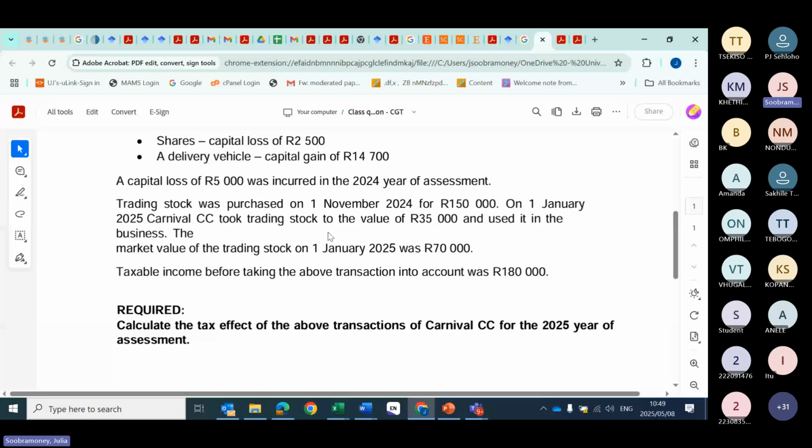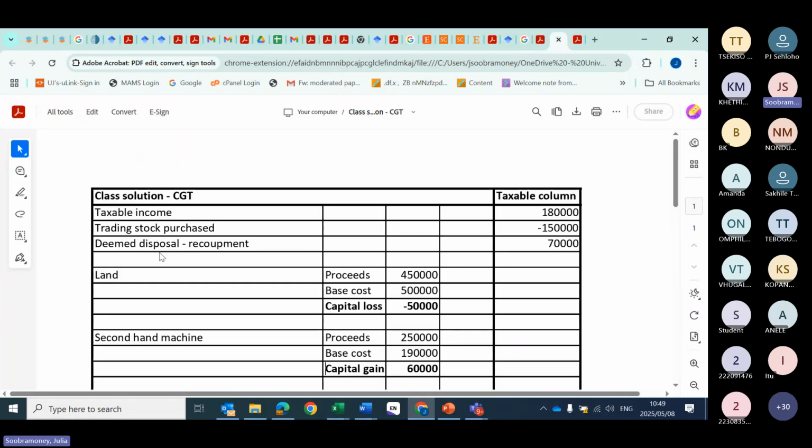So there's really nothing to do. But what you could include in your solution, and maybe you want to write it down, you could say capital asset from trading stock, no deduction. Why? Because it's a capital asset. At this point in time, we don't know the allowances. We don't know what type of asset it is. All we know is that it was changed.